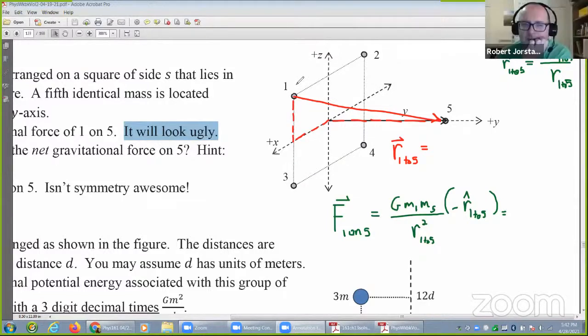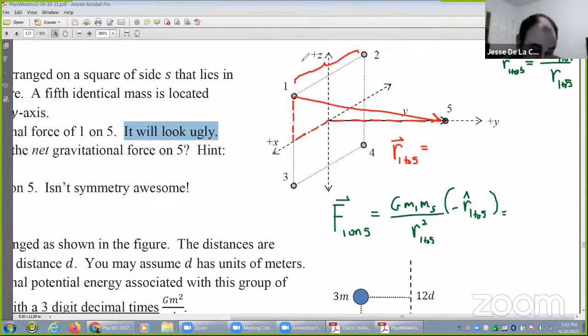You're on the right track, but look, what's the side of this square? That's S. So is the whole thing S? Oh, then it's S over 2. Now look in the X direction. Are you going in the positive or negative x direction? If you're starting from the further from the positive, then you go into the 0, you go into the negative. Correct. So you just told me it's negative S over 2 i hat.